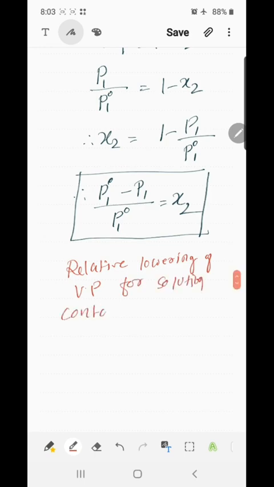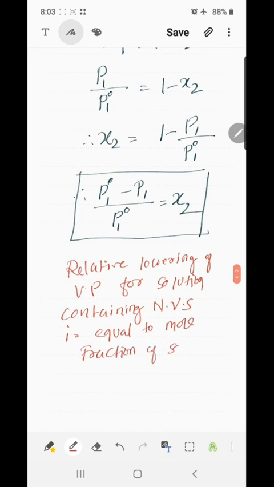containing non-volatile solute is equal to mole fraction of solute in solution.